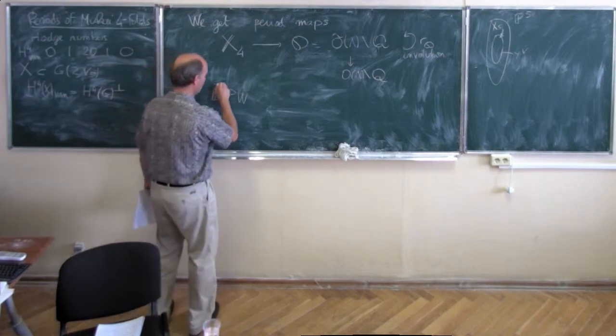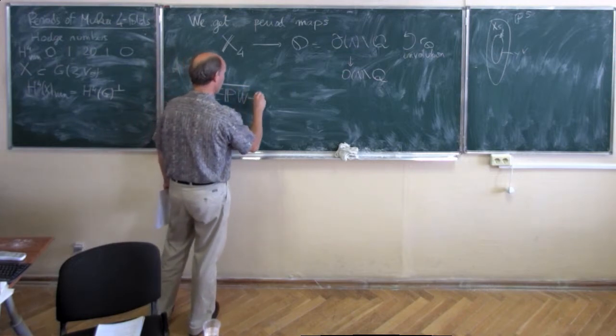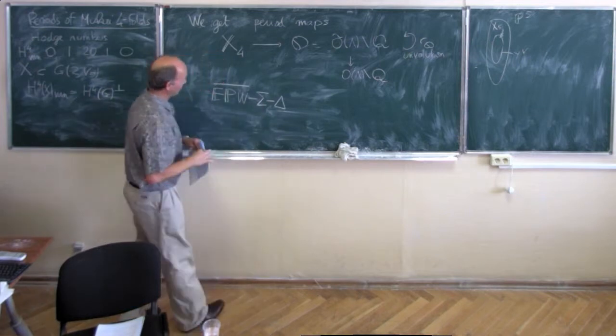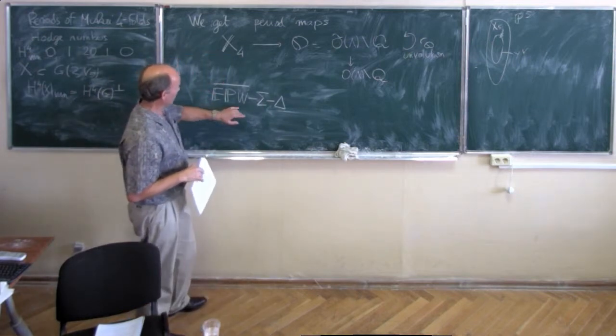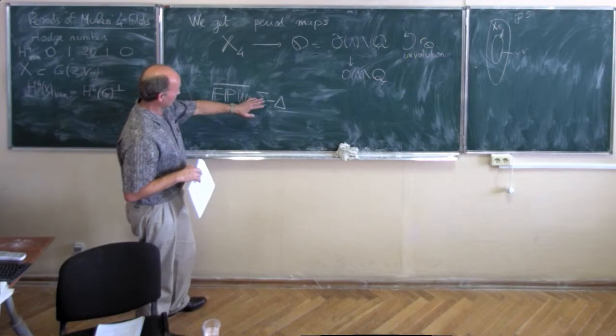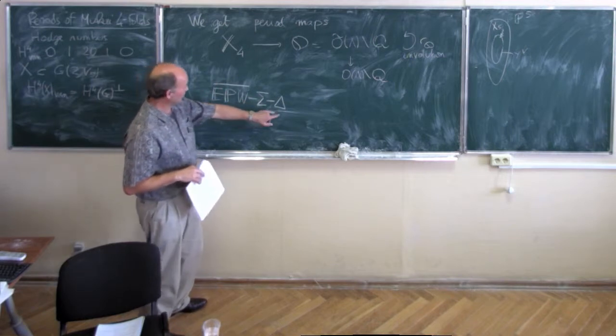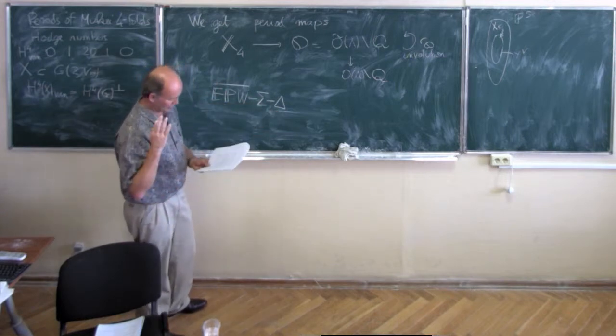Okay, so if I want to be precise, I have to. So this is the hypersurface in the moduli space, which I already took off. And this one corresponds to. I'm going too fast here.